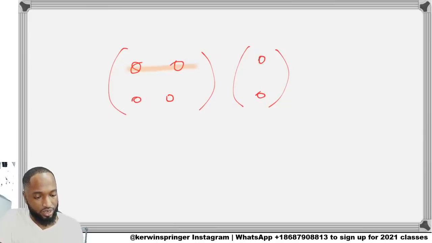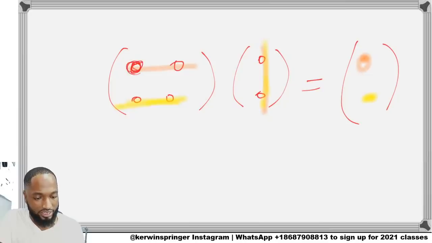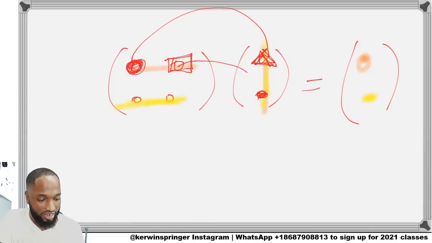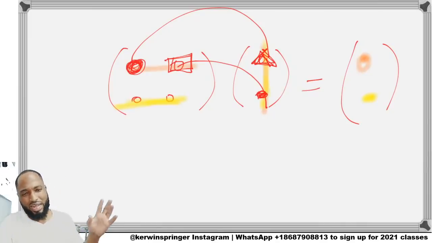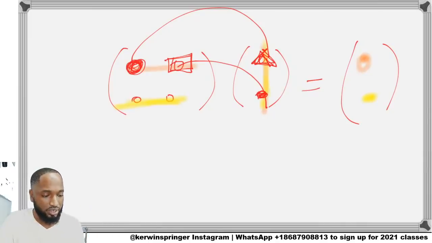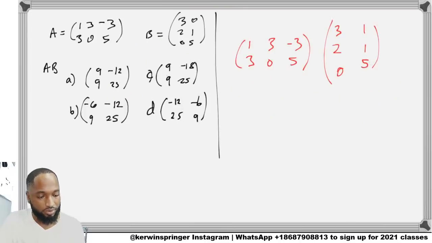The orange system will give you here, and the yellow system will give you here. But remember, if you had a circle and a triangle here, and a square here and a dot there, you'll have to multiply the circle by the triangle and then the square by the dot. It slides along. I have a whole video explaining this, but for now I'm going to race through this one here.